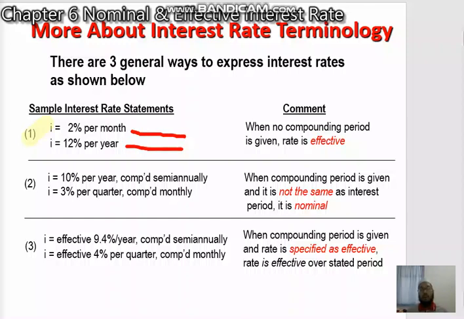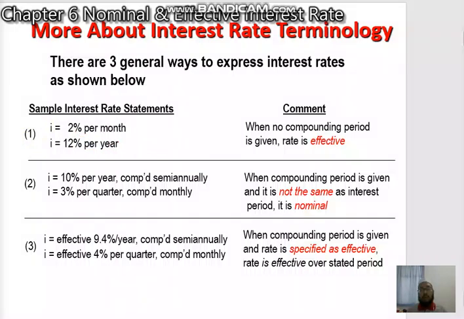So when no compounding period is given, the rate is effective. Or the other way: when written 2% per month, it means it is compounded monthly, or 12% per year, it means it is compounded yearly. Okay, so that is the first method to write the interest statement.